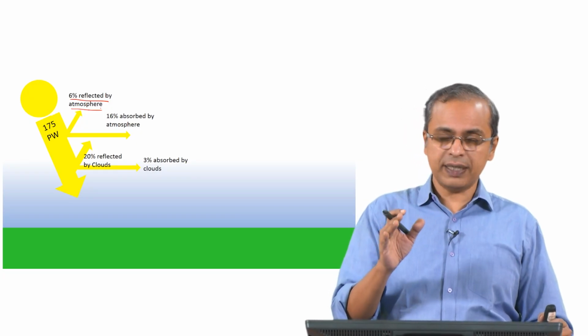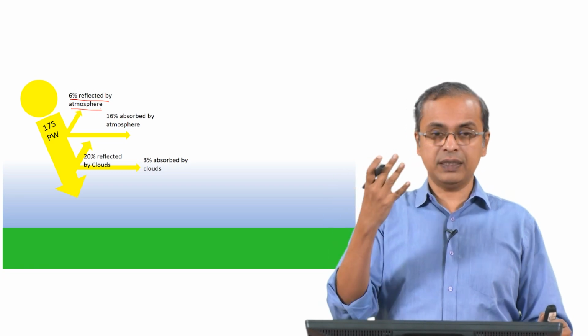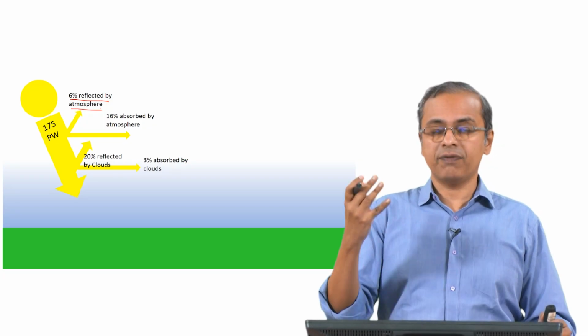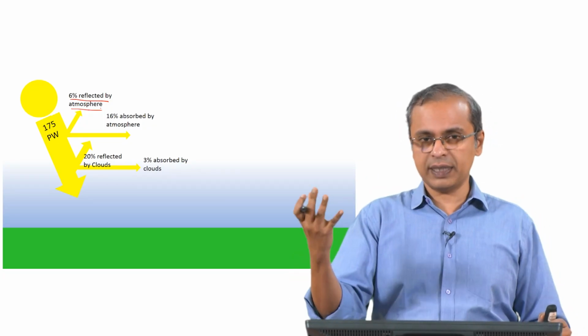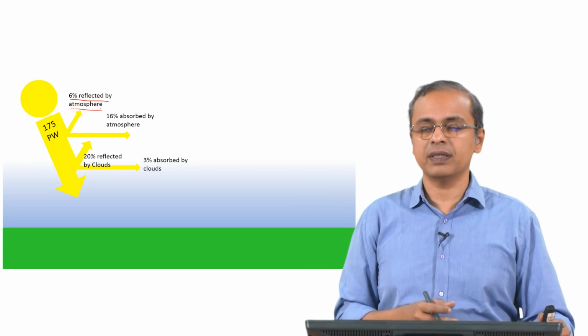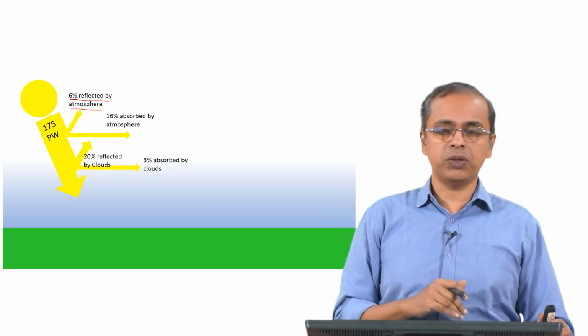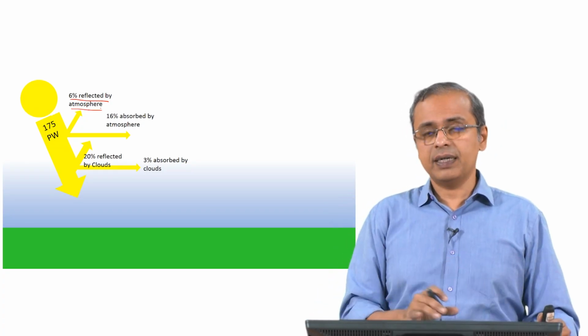If you just watch for a little while and you look away, you can feel the darkness in your eyes. I mean, because it's just been overwhelmed by the amount of light coming from the reflected light from the clouds. Even if for several seconds you look out the window and you watch that glaring light getting reflected off the clouds, you get that sense that it is too harsh for you. So, you tend to look away. So, that is a significant amount of light that is being reflected.